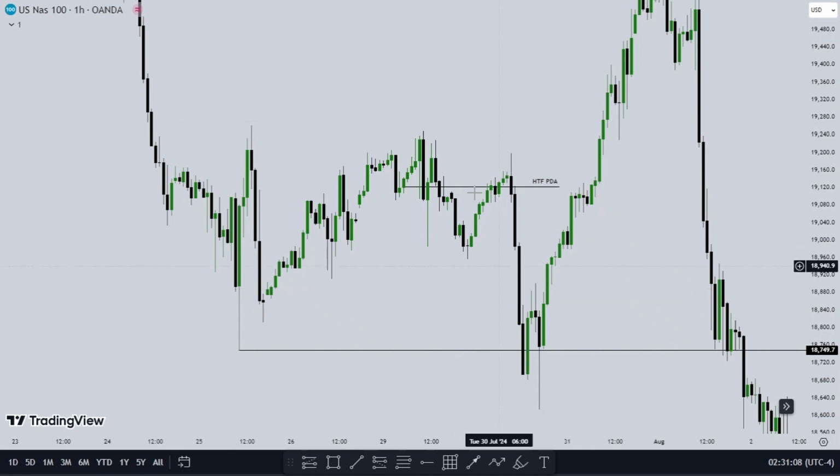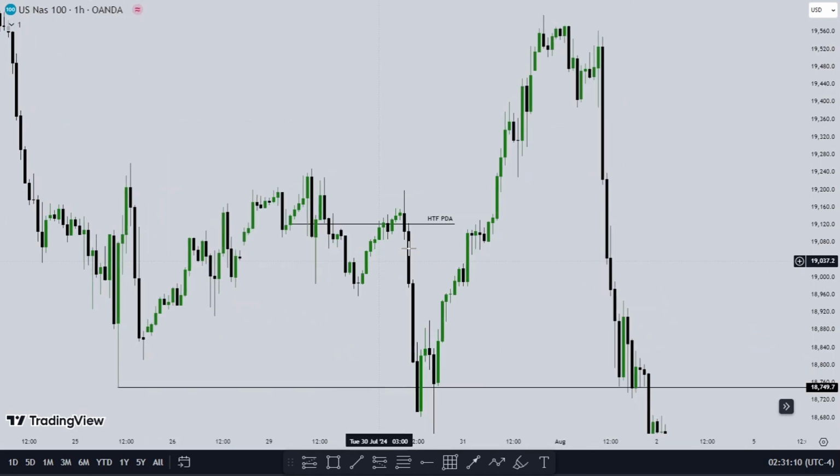Right here, as you can see, I have my higher time frame PD array marked, and the market tapped inside this PD array before the 9 o'clock open. When it opened, the market was already inside the PD array.